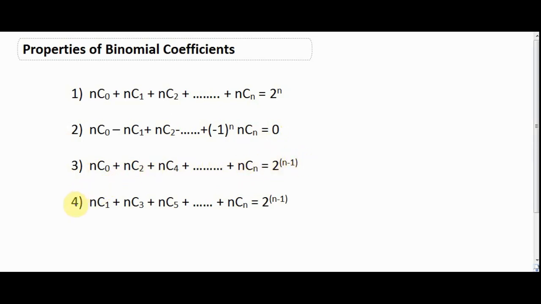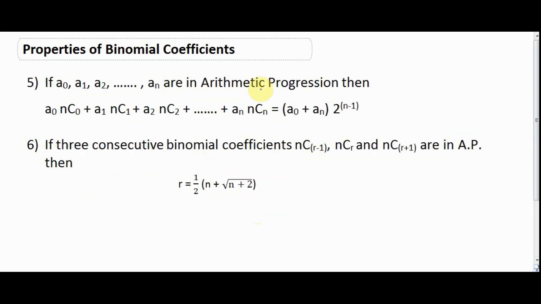And the fourth property says nC1 plus nC3 plus nC5 plus etc. will be equal to 2 raised to n minus 1. So properties 3 and 4 say that if we add alternate binomial coefficients, we will get a value equal to 2 raised to n minus 1. Now let's move on to property number 5.